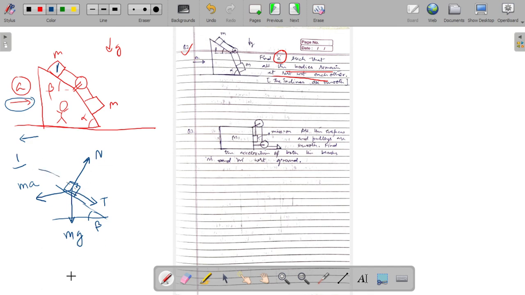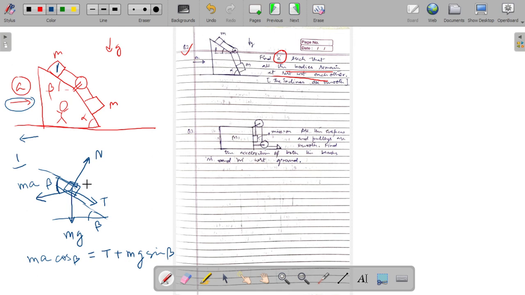Now as the system is at rest, we know that this particular angle is beta, so we'd say ma cos beta, that is the component of the pseudo force along this incline, is equal to the tension force plus the component of gravitational force along the incline, which is mg sin beta.